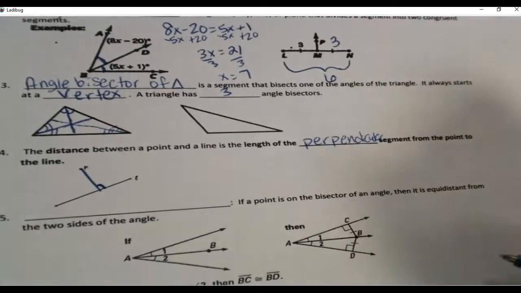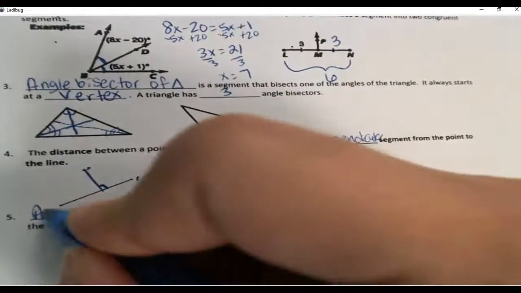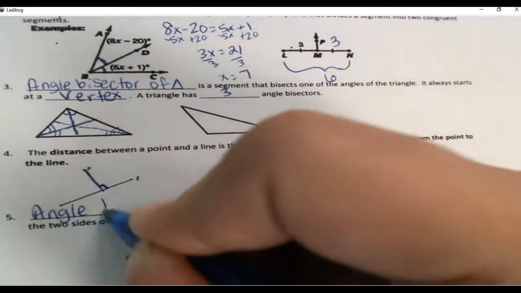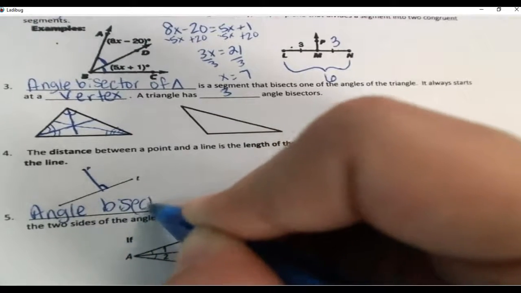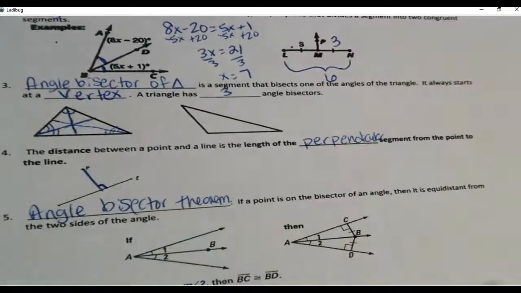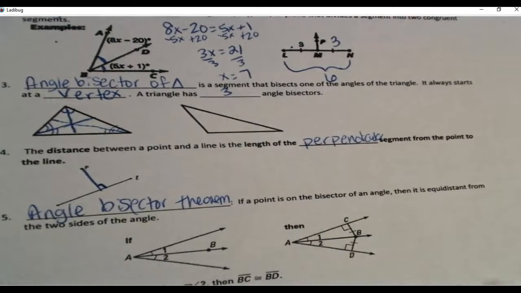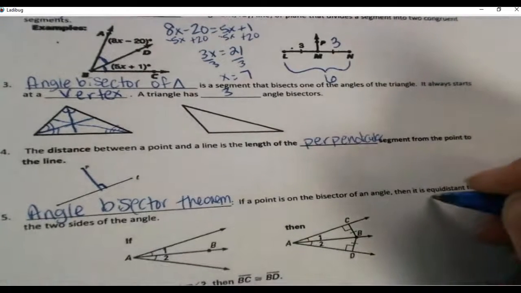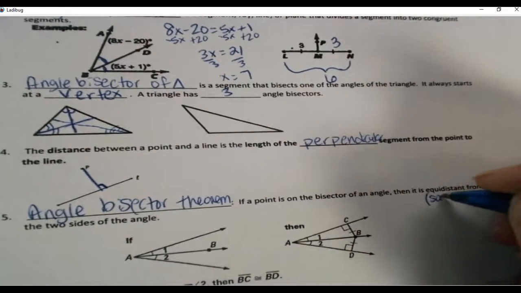So then our next one is the angle bisector theorem. It says if a point is on the bisector of an angle, then it is equidistant from the two sides of the angle. So equidistant means the same distance.